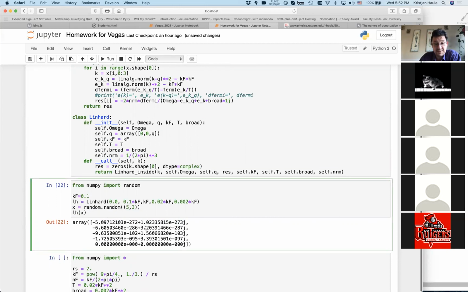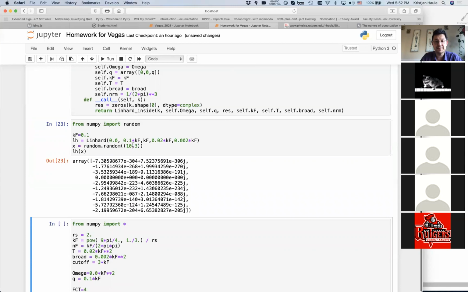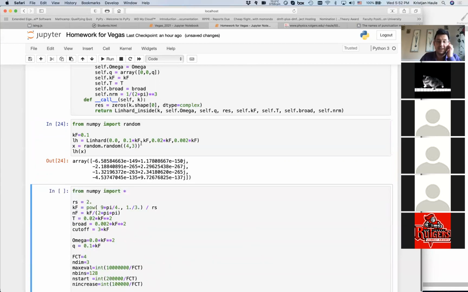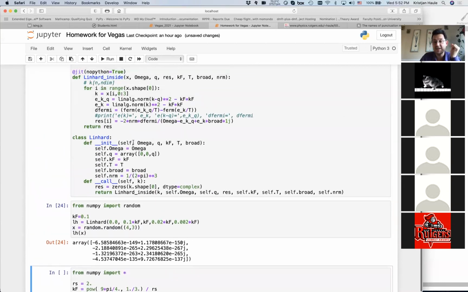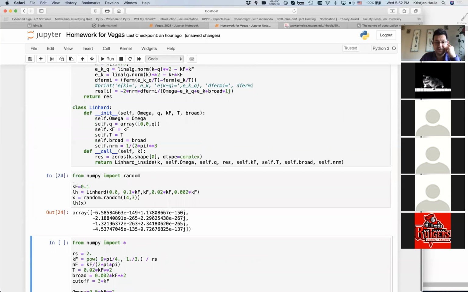So in this case, we said 5, so we get 1, 2, 3, 4, 5 values. If we give 10, then we could get a batch of 10 values as an output, isn't it? So this Slingheart thing works, at least returns correct dimension and has some numbers here that are not too crazy.